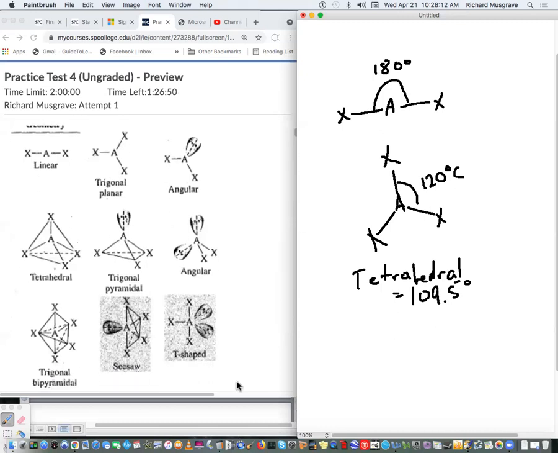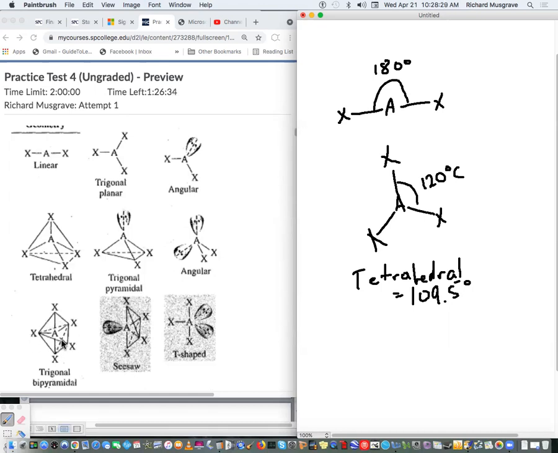Now the rest of them are kind of combinations. If you look closely at the trigonal bipyramidal, you'll see it's a combination of linear and trigonal. The linear is the vertical part and the trigonal is the horizontal part where I'm circling right here.